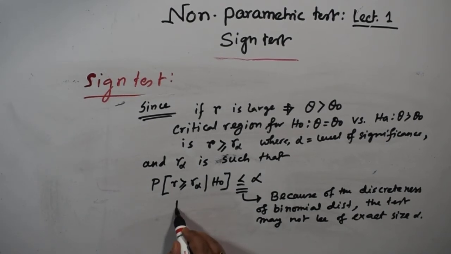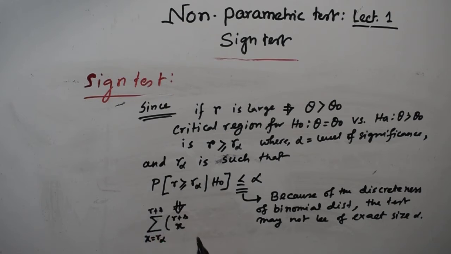So this is equal to the sum over x running from r alpha to r plus s of r plus s choose x, times half to the power r plus s, less than or equal to alpha. So solving this, we get the value r alpha.